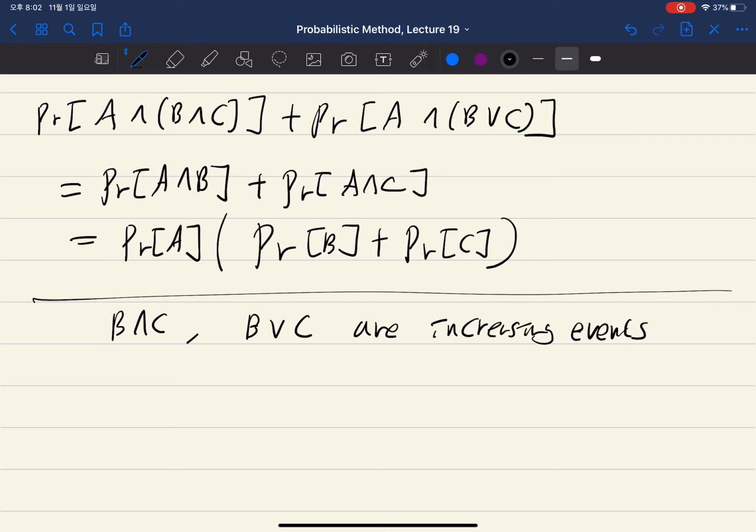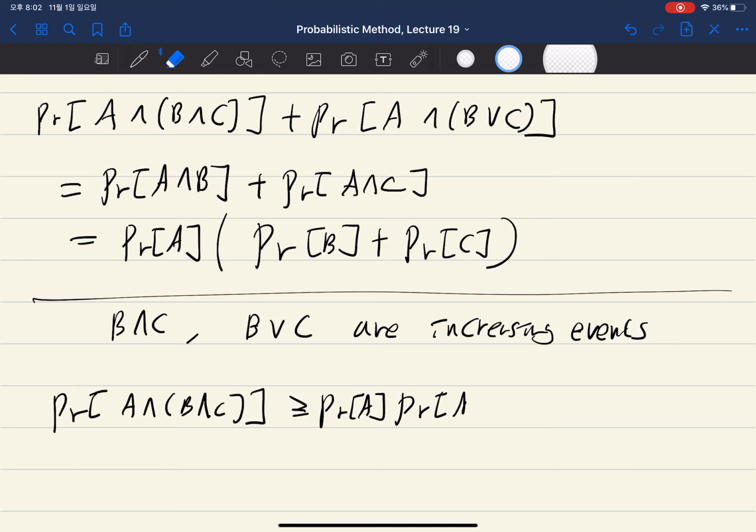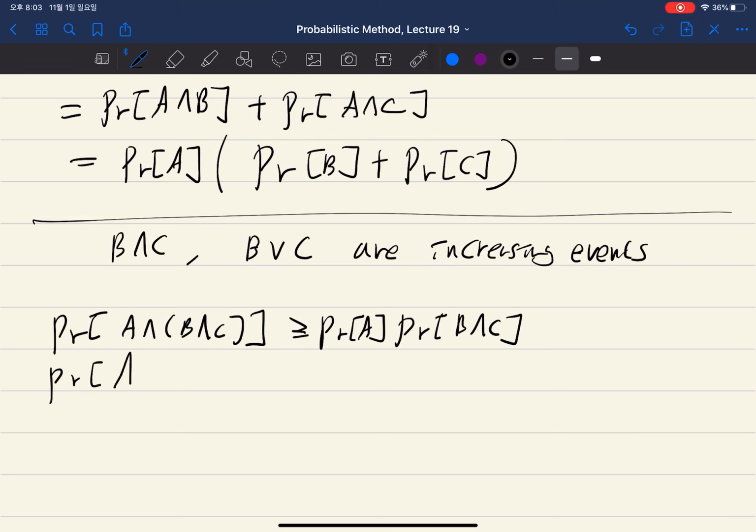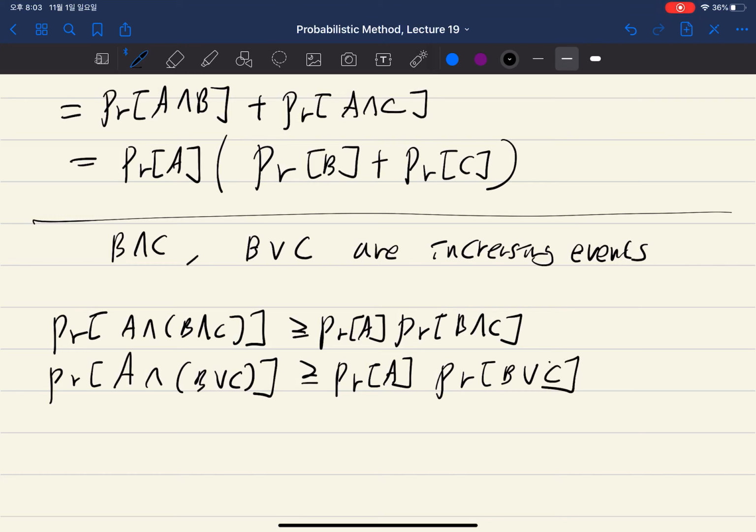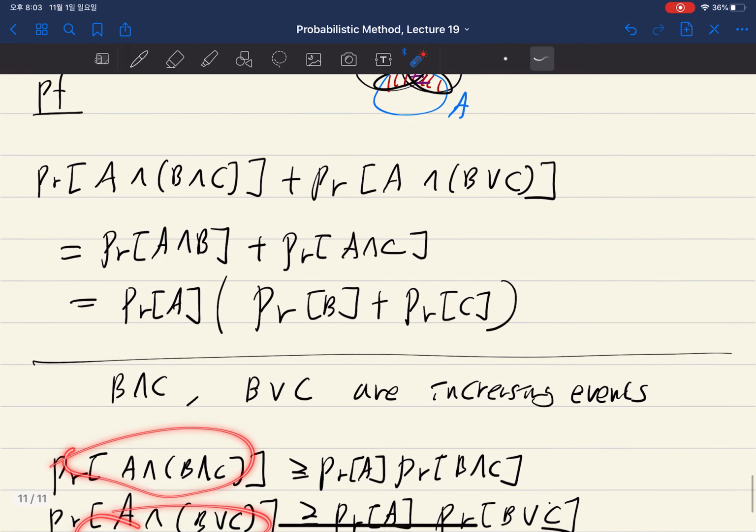So you use the FKG inequality, then this is at least the probability of A times the probability of B, C joint, and the probability of A, B join C is the probability of A times the probability of B join C. Then what do we know? This plus this is this.